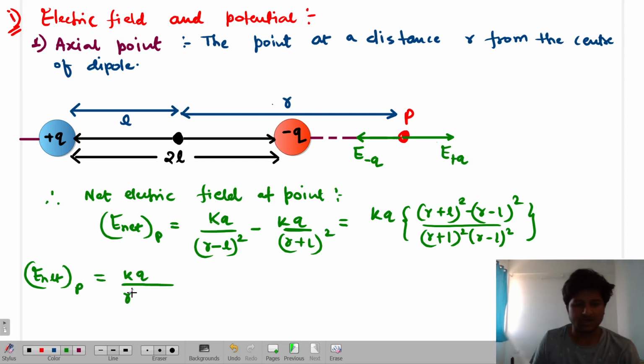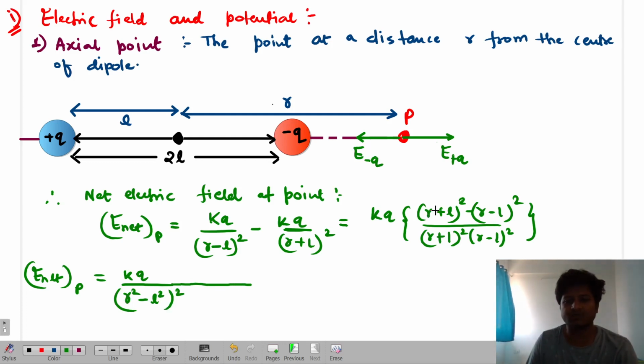So I will get (R square minus L square) whole square in the denominator. In the numerator, the square terms get cancelled because of the negative sign. What will be left? I'll be left with 4RL, because here plus 2RL is left, and here also plus 2RL, isn't it? So I will get 4RL. Are you able to get me?